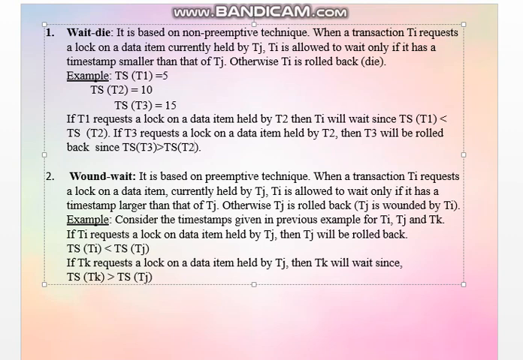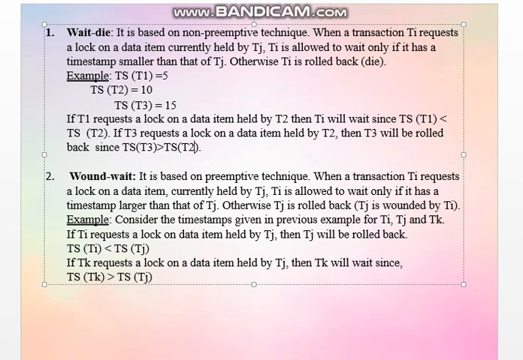So if the new transaction has a lesser timestamp than the currently executing transaction, it will be told to wait. But if it has a greater timestamp, we roll it back. So in this case, T3 has to be rolled back and T1 will be waiting.